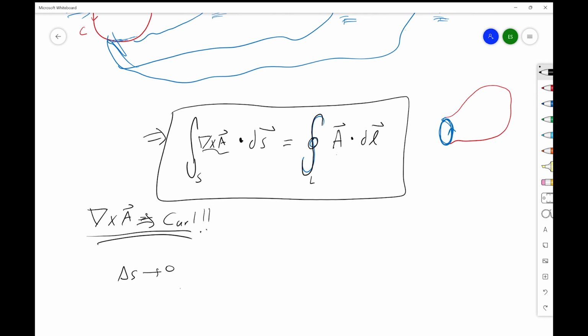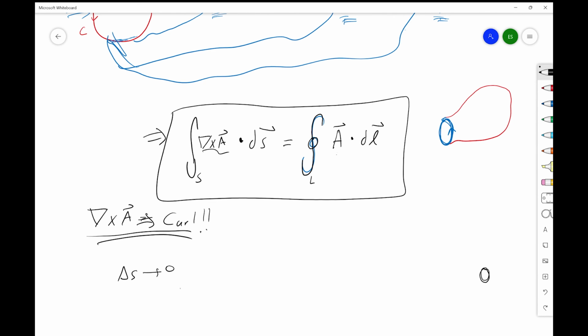Remember, ds is a vector. If you take an infinitesimal area, remember we said that areas, when we go infinitesimal, sort of become like a vector. They have a direction, they have an orientation. So it's not enough to say that the area is infinitesimal. We have to specify, okay, infinitesimal in what direction.